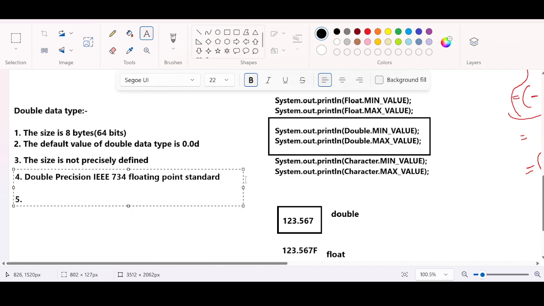So the range we have discussed. Okay, the size we have discussed. What else we need? That's it. I think these four values are okay. Suffixing is optional. Let's take this.